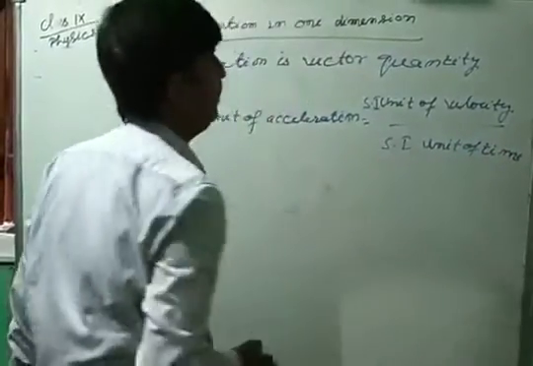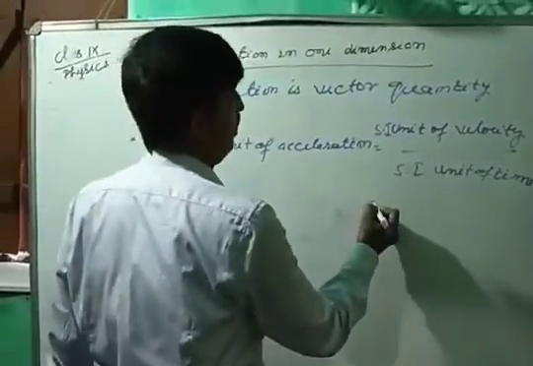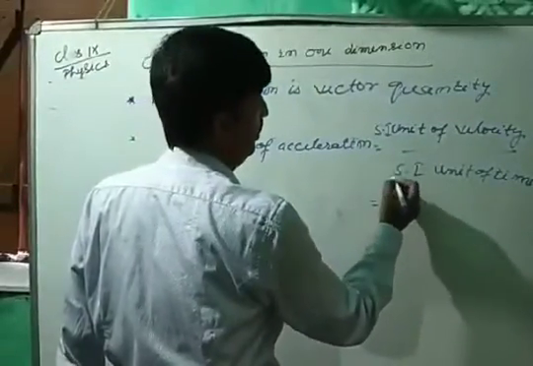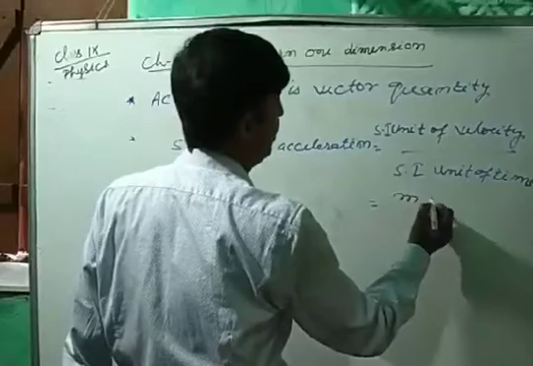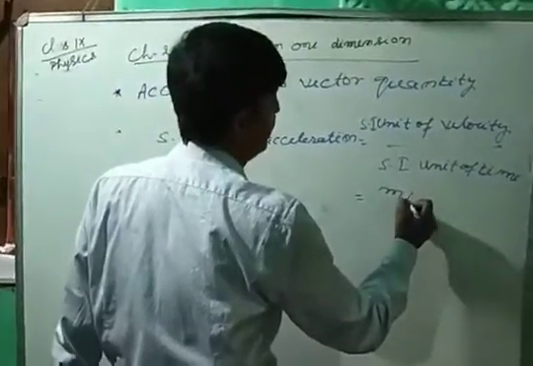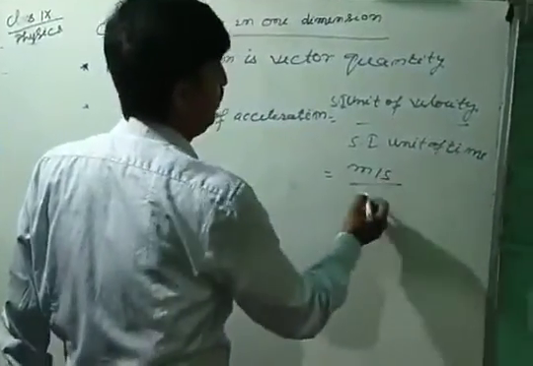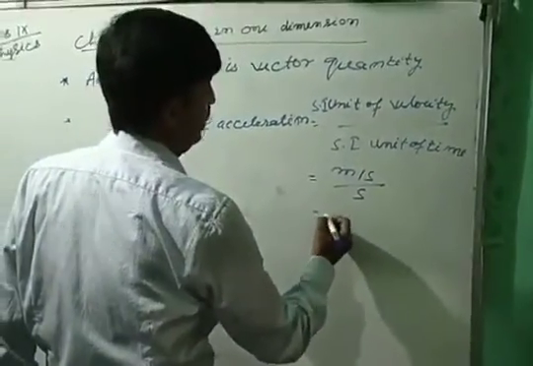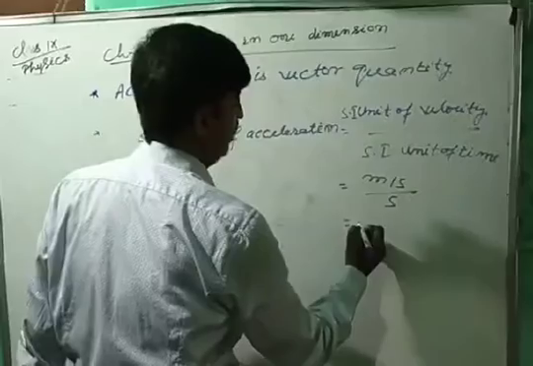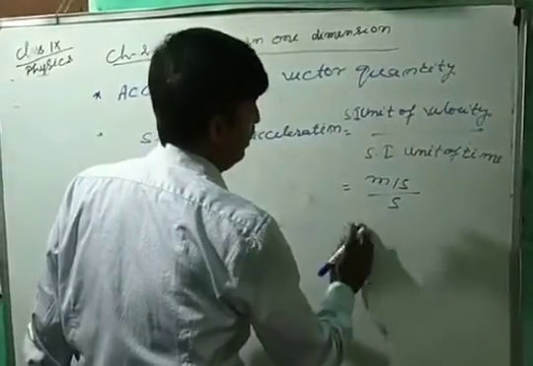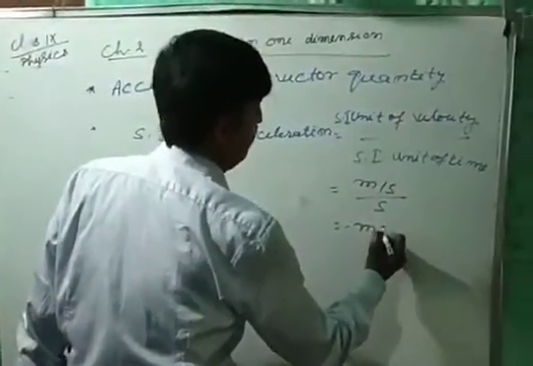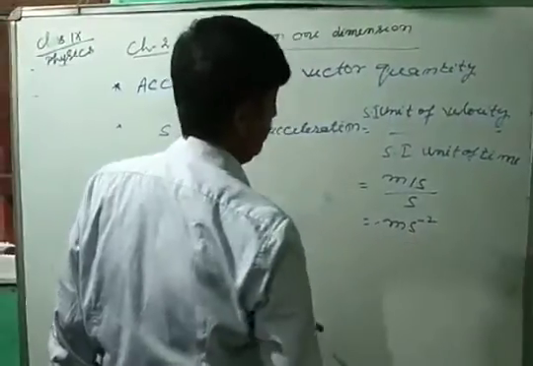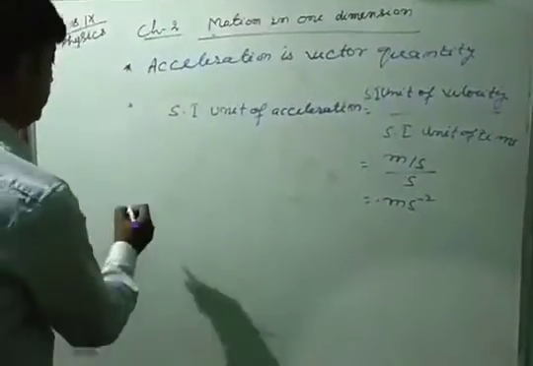We know that the SI unit of velocity is meter per second, and the SI unit of time is second. So the SI unit of acceleration is meter per second square.